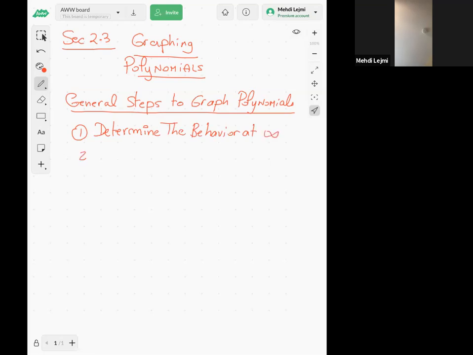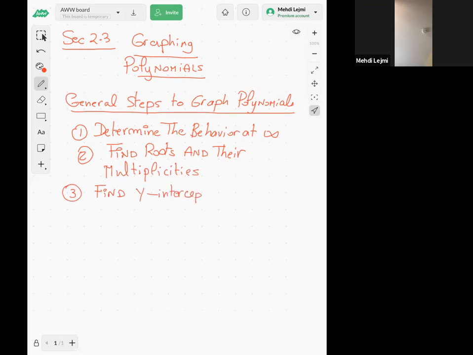Second, find the roots and their multiplicities. Then we have to find the y-intercept. And finally, number 4, you're going to use all this information to sketch the graph of f of x.